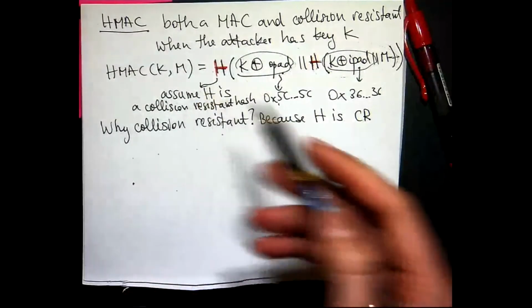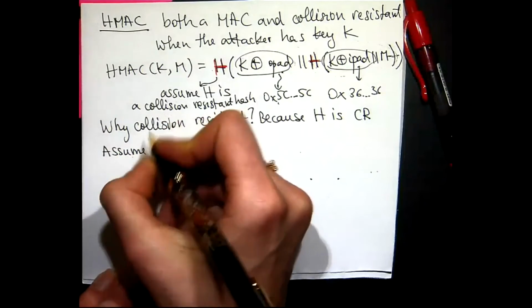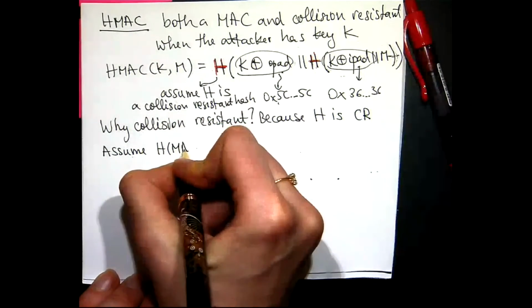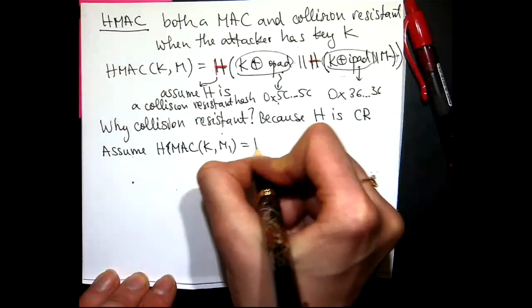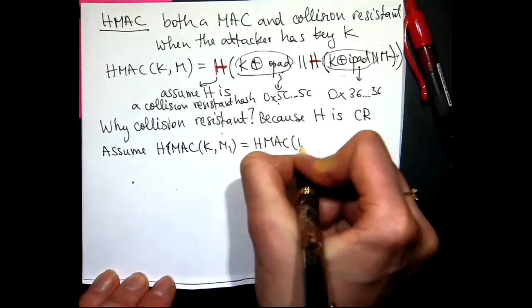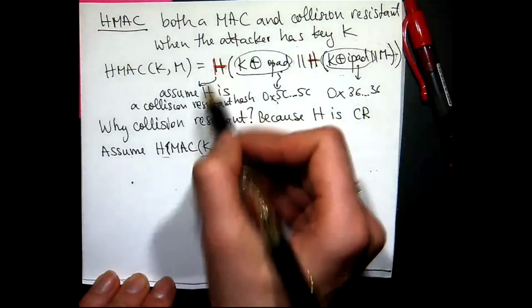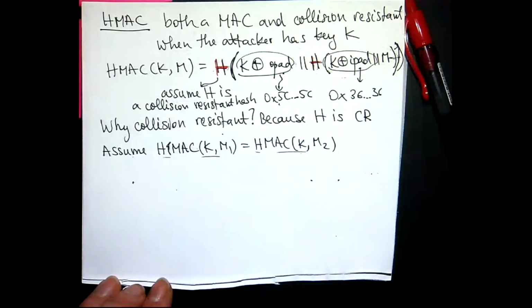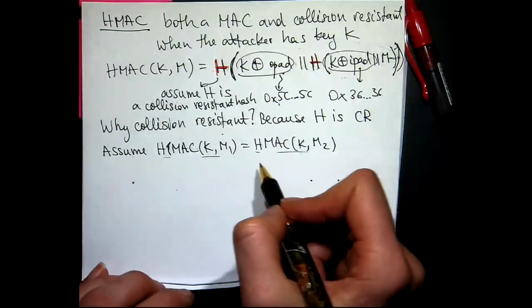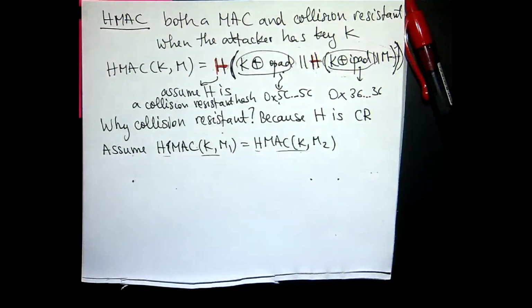So assume that I find two messages M1 and M2 for which the HMACs are equal. Well, because HMAC is a hash on the outer, then it means that the inner values have to be the same, because otherwise you have a collision in this hash.